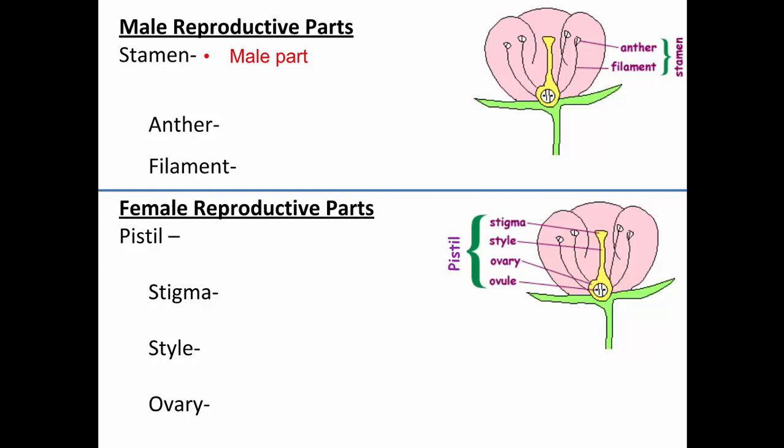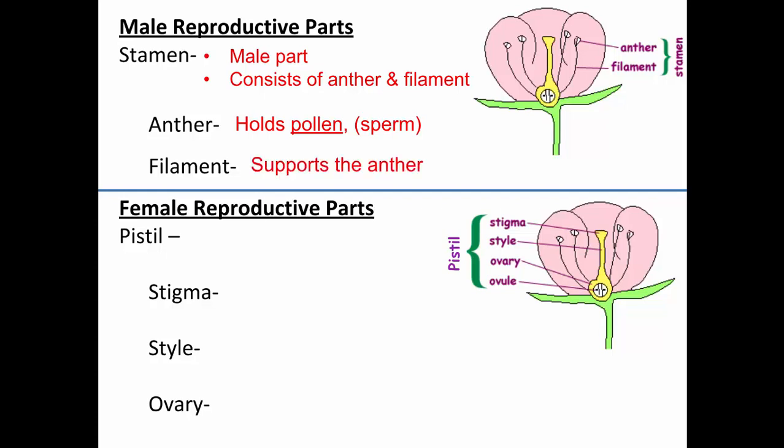It contains two parts. There's the filament, which is sort of the stalk that holds it up. And then at the tip of that stalk is an area where the pollen grains are actually produced. The anther is where the pollen grains are produced. Remember, the pollen grains contain the sperm. The filament sort of holds it.